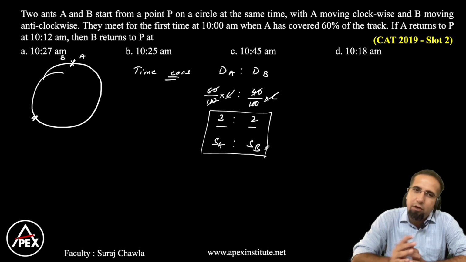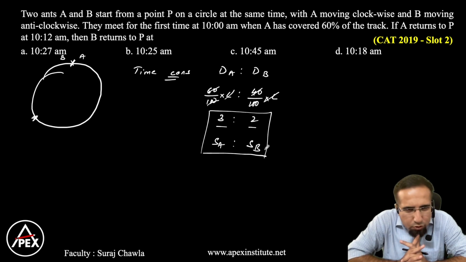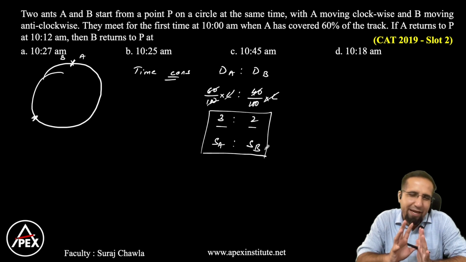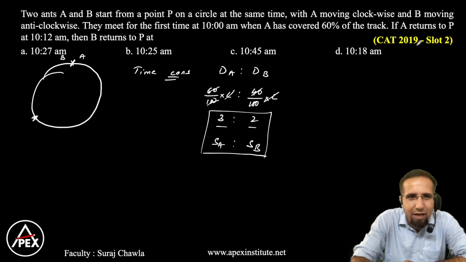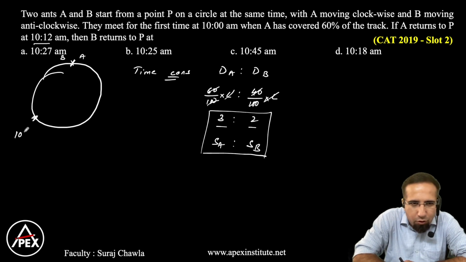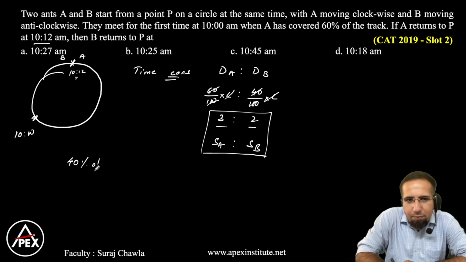We can conclude one thing here. Clear? Now let's look at it with a slightly different dimension. I'm told that A returns to P at 10:12. So they met here at 10 o'clock and A reached P at 10:12, which means A covered 40% of the track in 12 minutes.